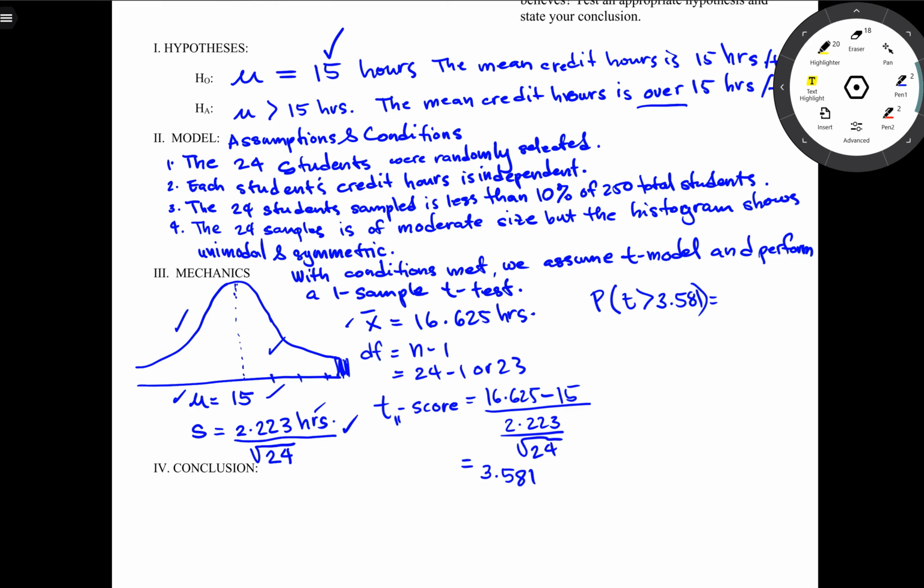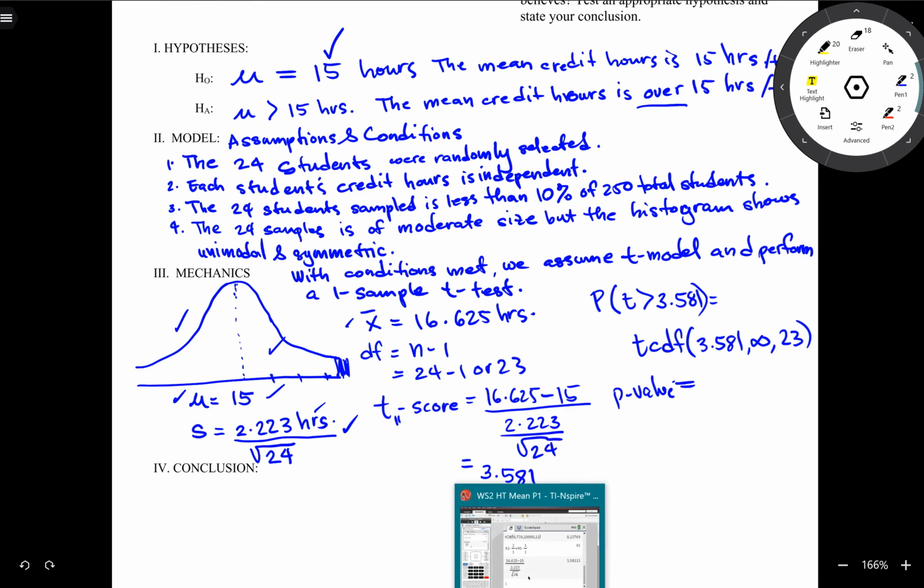Let me just write on the next line. So that probability is TCDF, 3.581, and then positive infinity, and then the degree of freedom of 23. That's our p-value, by the way. Let's find that out.